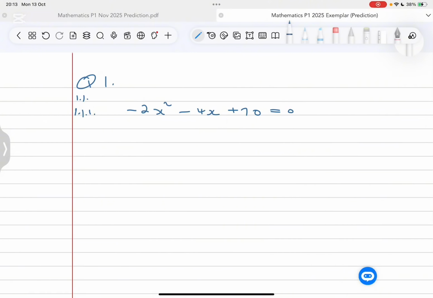Now, traditionally, when you have a quadratic equation that has a negative number here or even a number here, you would want to attempt to remove this number. And to do that, you can take it out as a common factor, or you can divide by it throughout.